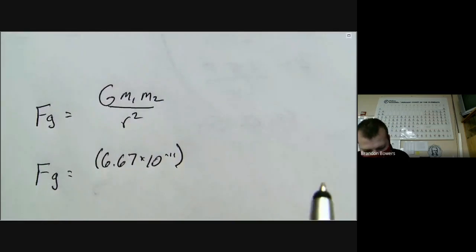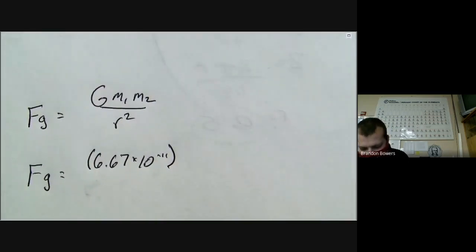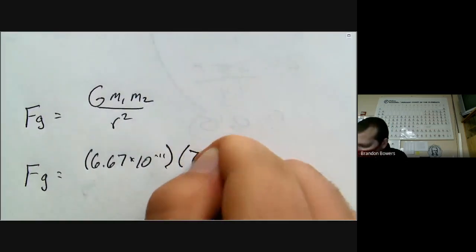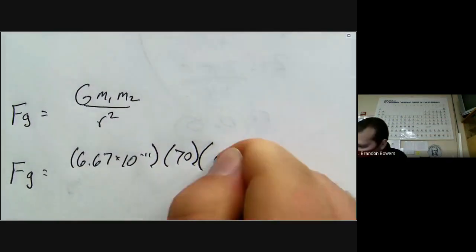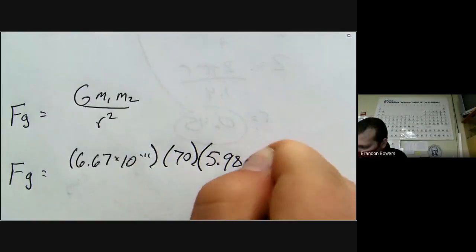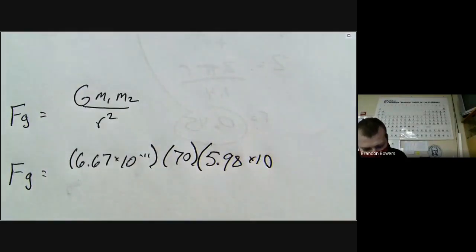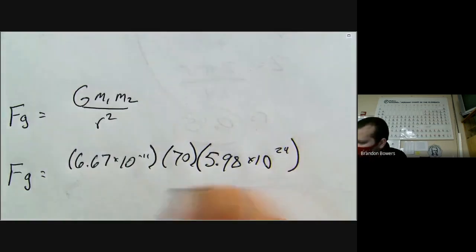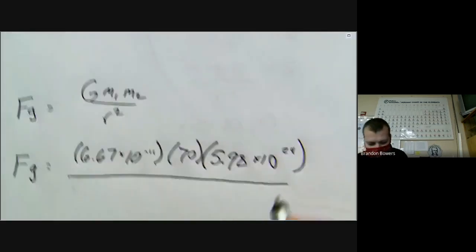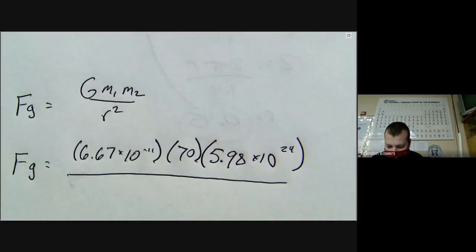Times mass. I'm just gonna do the mass of the student because that's 70, times the mass of Mother Earth, 5.98 times 10 to the 24th, over the radius. It says I am this distance from Earth's center, well, that would be the radius.